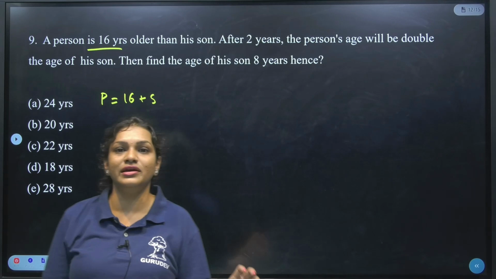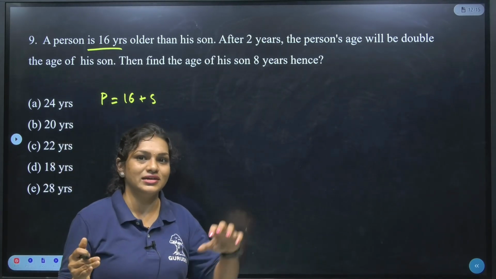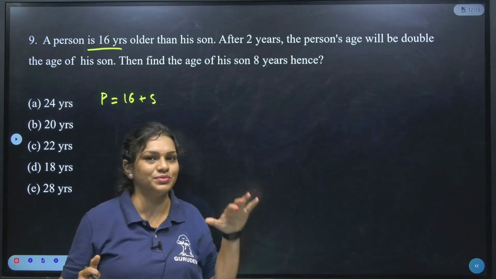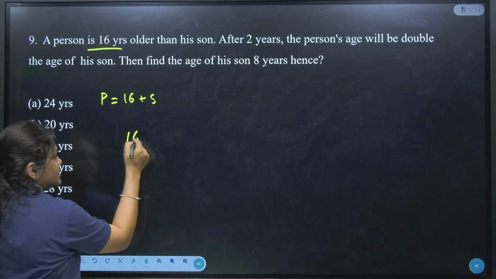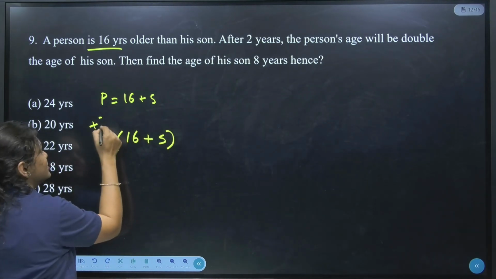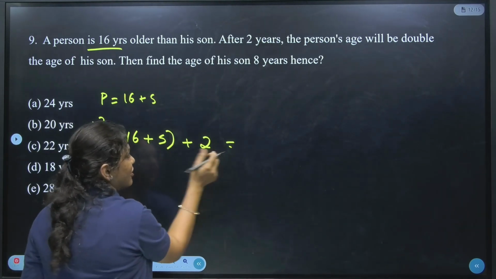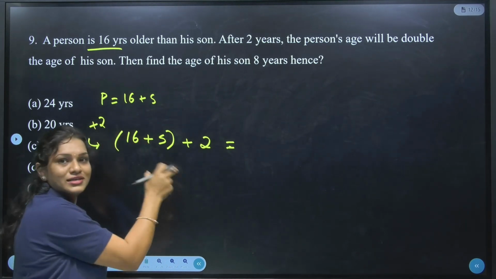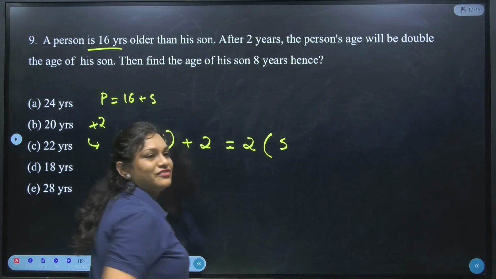Try to understand. After 2 years, along with the person's age, the son's age will also be increased by 2, right? Yes. If the present age of the person is 16 plus s, after 2 years, according to the condition, this person's age will be double the age of the son.